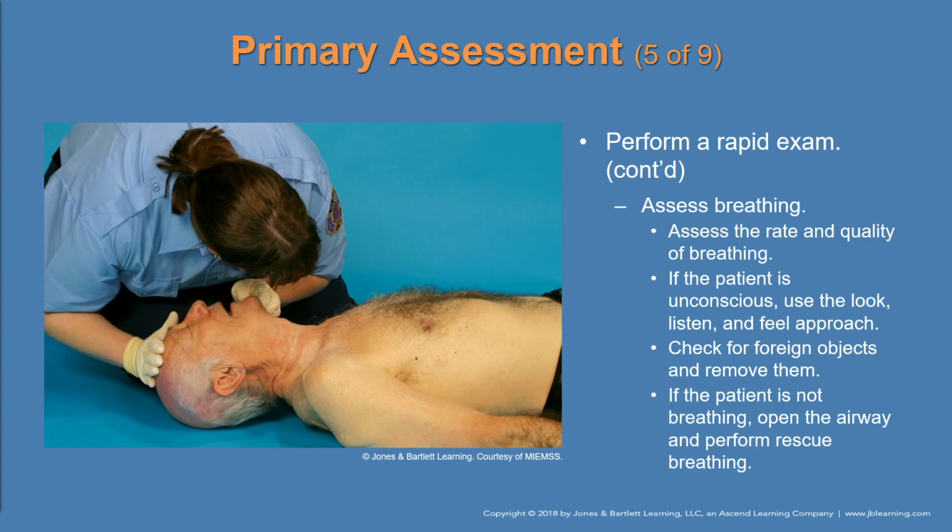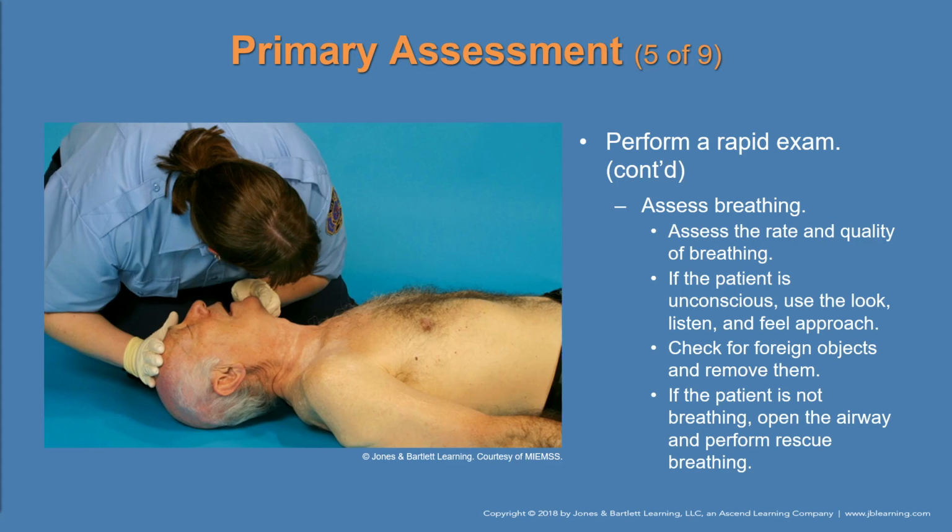So B stands for breathing. When we assess breathing, we're looking at the rate and quality of the patient's breathing. And now by rate, I'm not talking about stopping and counting their breaths in a given minute. We're looking for a very quick assessment of is it too fast, is it too slow, or are they not breathing at all? That's all we're looking for.